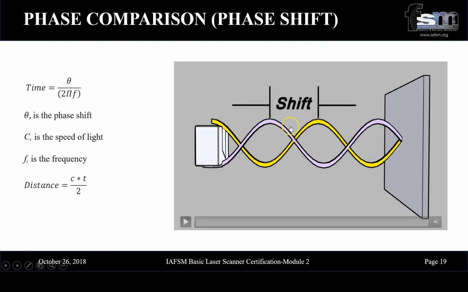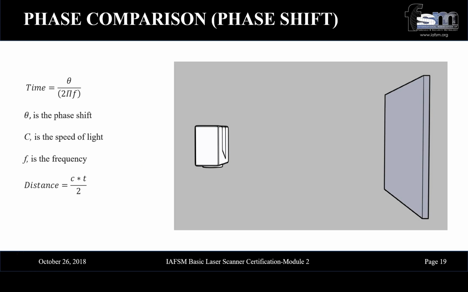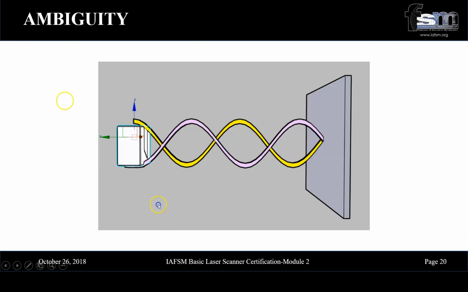But there's a problem when you have just one wave, such as this that I've shown in this graphic. Let's move on to the second one so I can explain. So here we have something that's called ambiguity. I'll play this graphic, but let's assume that this is the wave that's going out, the yellow one here, and I've got the scanner, and I'm going to move the scanner to different positions.